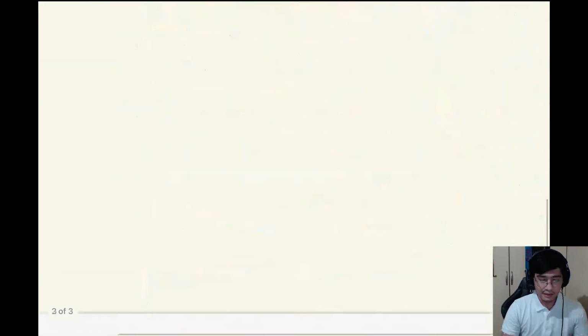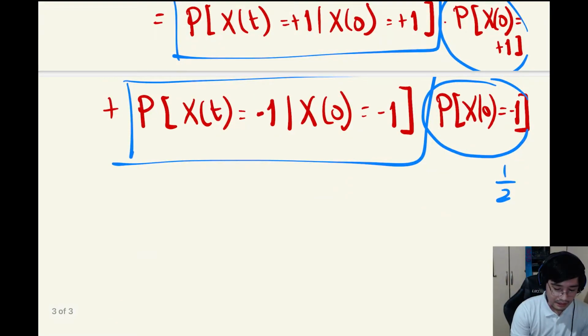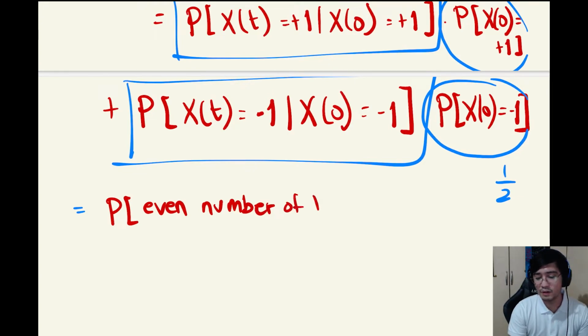Okay? So we can solve this by getting, let me just write that. This is equal to the probability of an even number of transitions, or an even number of successes in the Poisson process.